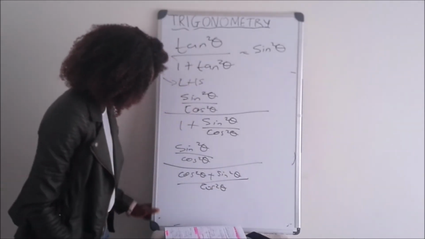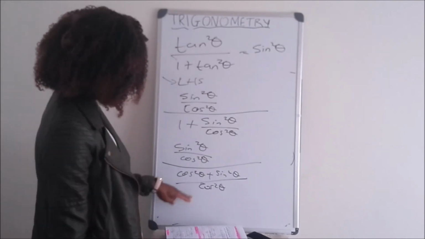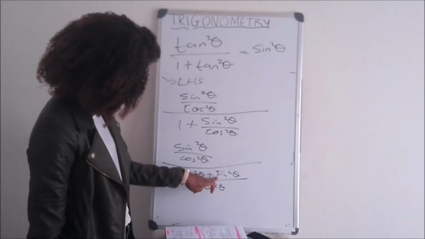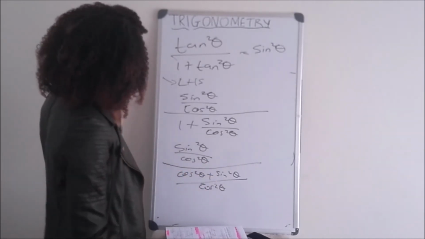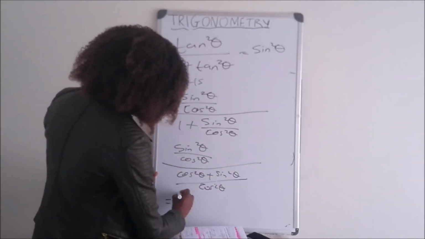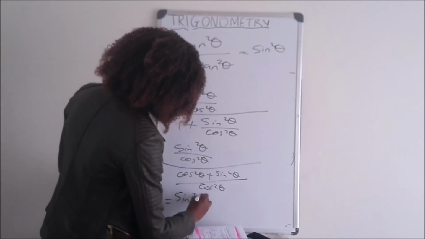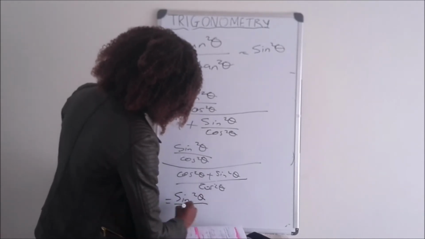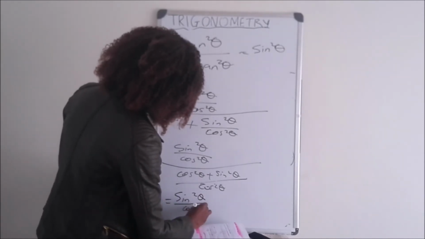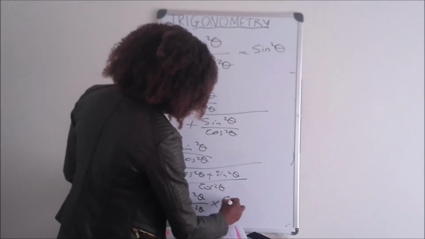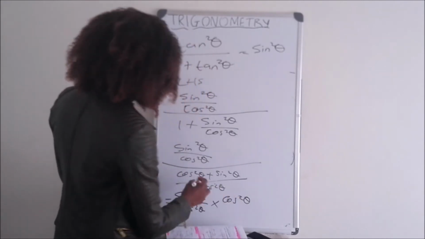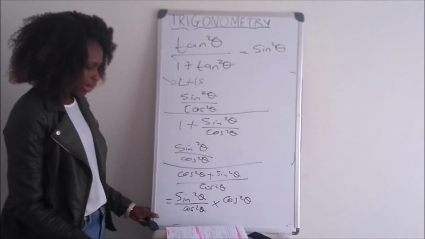Alright, and then from here we can actually see that cos squared theta plus sine squared theta is equal to 1. That means we are now left with sine squared theta divided by cos squared theta, multiplied by cos squared theta, and then cos squared theta plus sine squared theta is equal to 1.